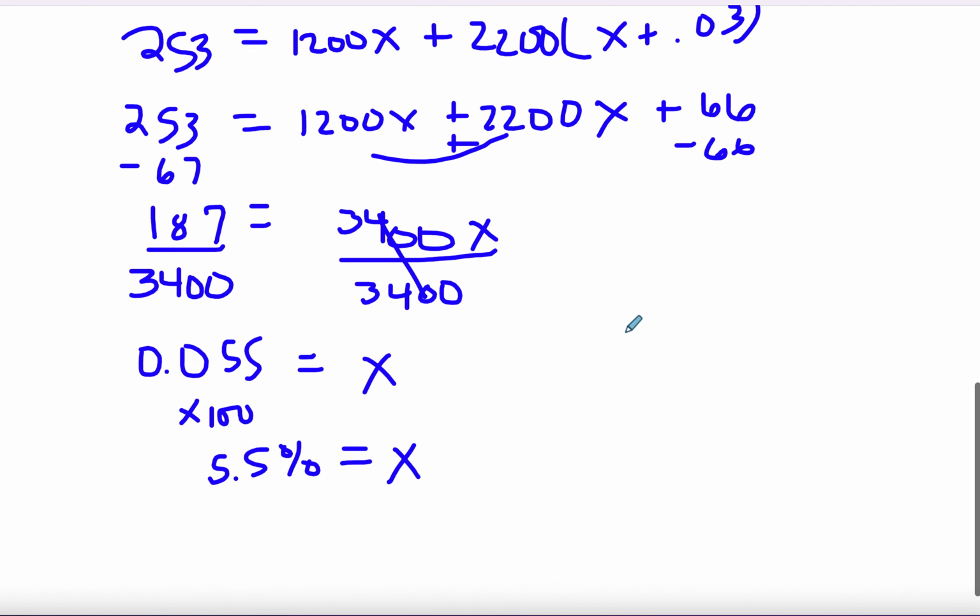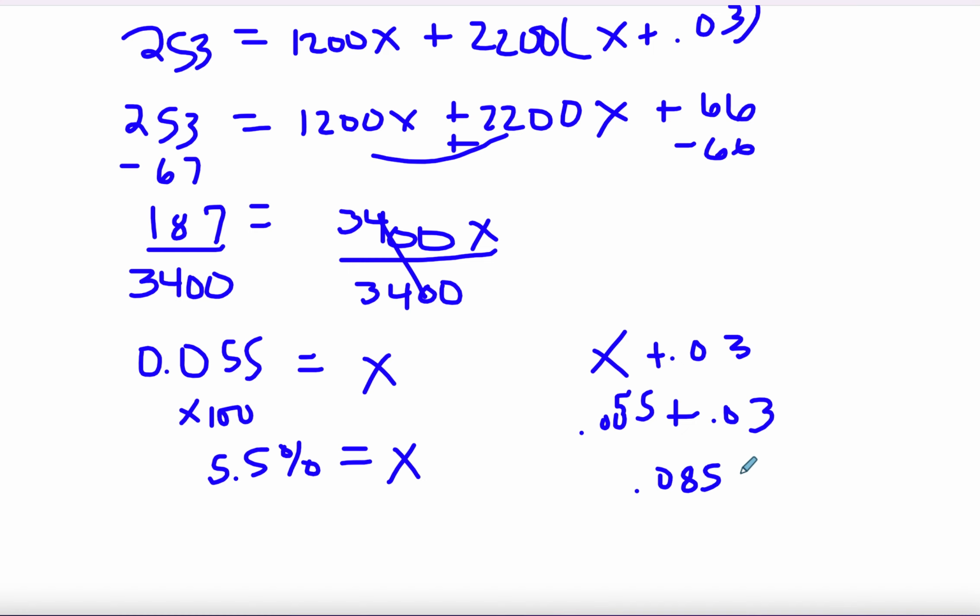The second interest rate is x plus 0.03. Well, since x is 0.055, and we're going to add 0.03, that'll give us 0.085 for our second interest rate, or 8.5%.